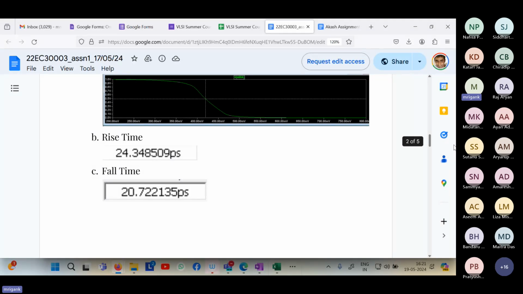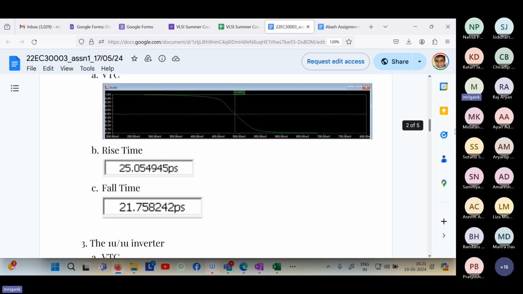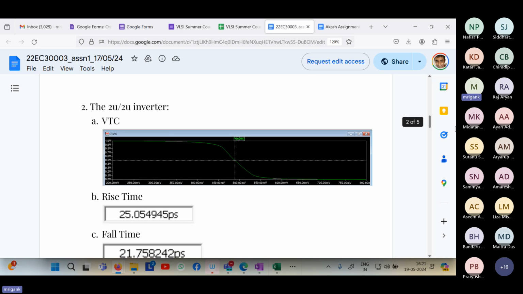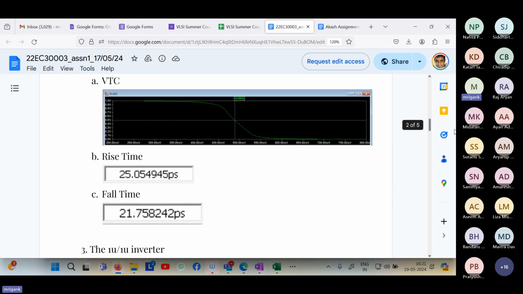If the rise delay, falling delay of the inverter is faster than the input rise time fall time, then it will not show much effect. That's what is happening. In this case, you have simulated with input rise time fall time of 50 picosecond, but the devices themselves are transitioning faster. As a result, they are not contributing much. The output waveform is not very sensitive to the rise time fall time. That's what it seems like is happening.